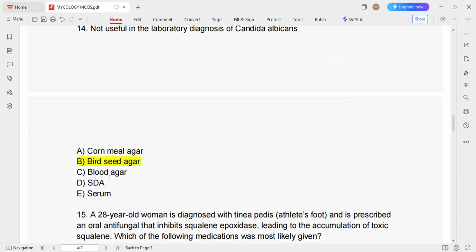SDA is, I get that pronunciation wrong, Sabouraud dextrose agar. Okay. Yeah, the rest are okay. Blood agar, cornmeal agar, and serum.